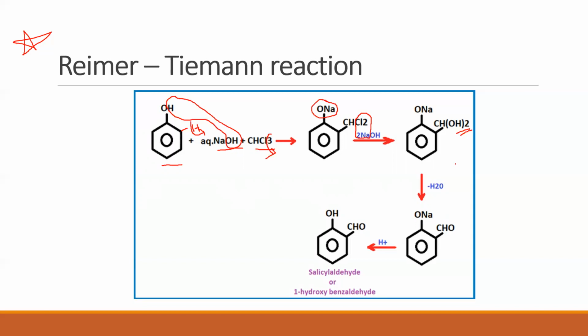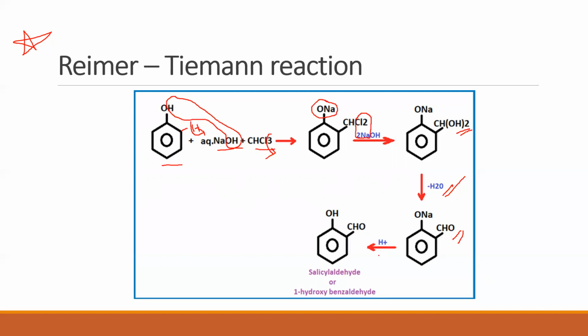In order to increase the stability internally, what will happen is, from both the OH groups, one molecule of water is removed. So this water is removed from these two OH groups. The moment a water molecule is removed, CH(OH) twice will become CHO. So CH(OH) twice has become an aldehyde group now.